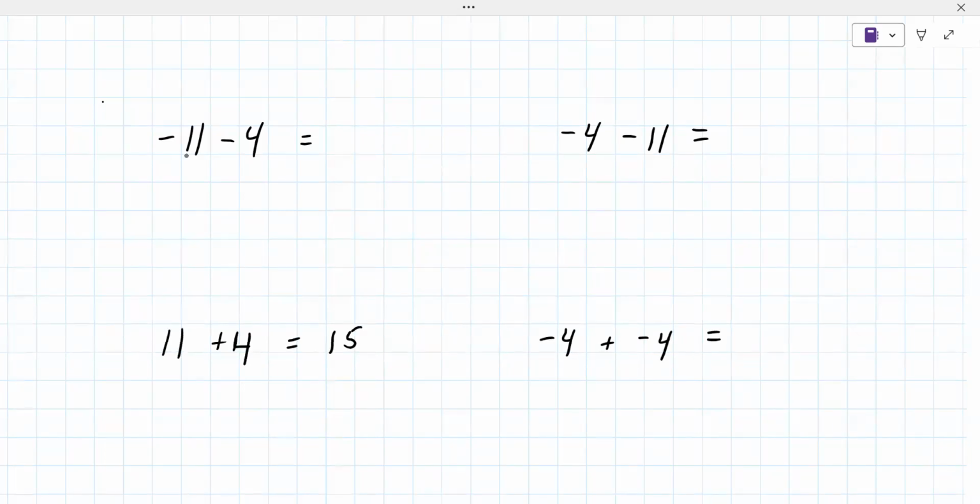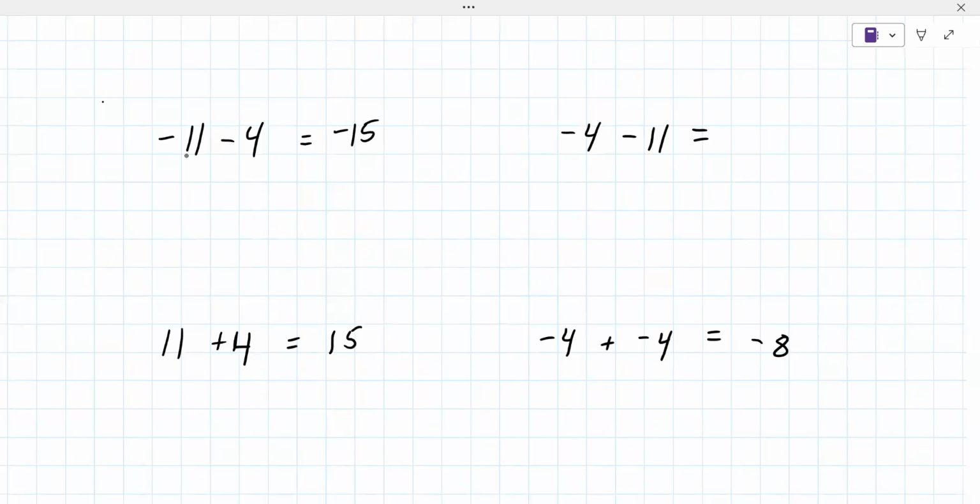And then the top one above it would be -15, if I'm correct. The -4 plus -4 would be -8, if I'm correct.